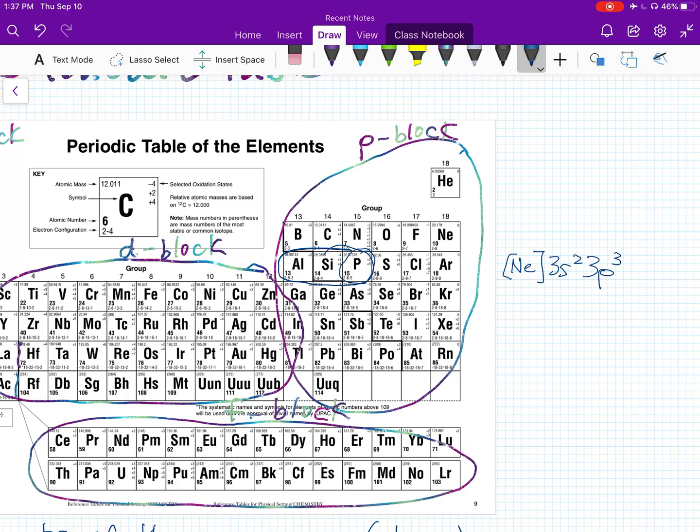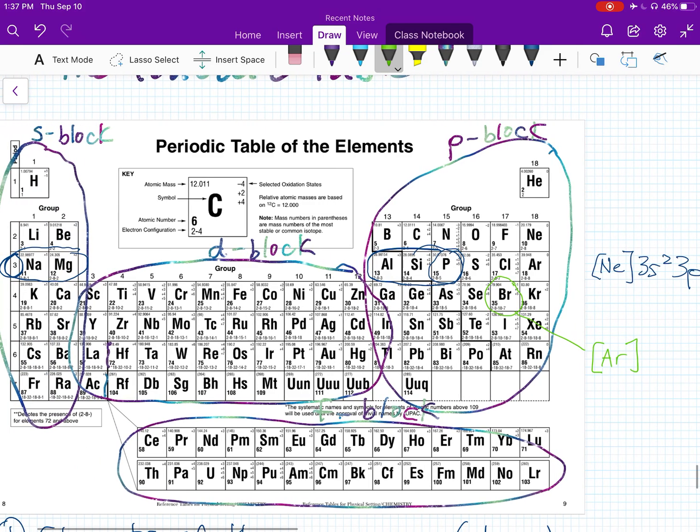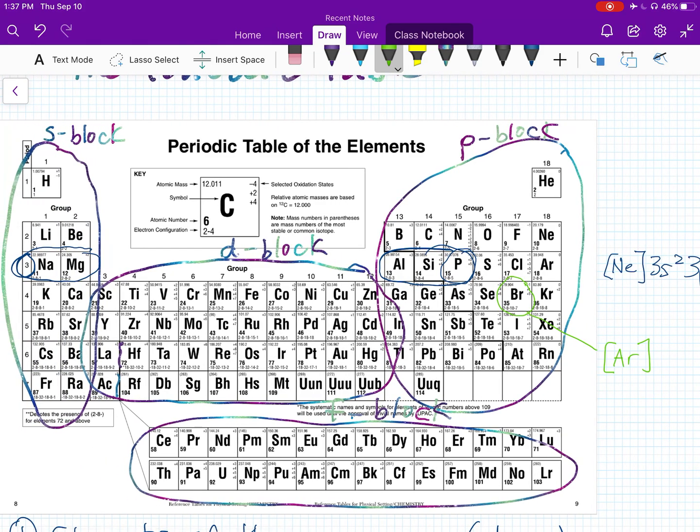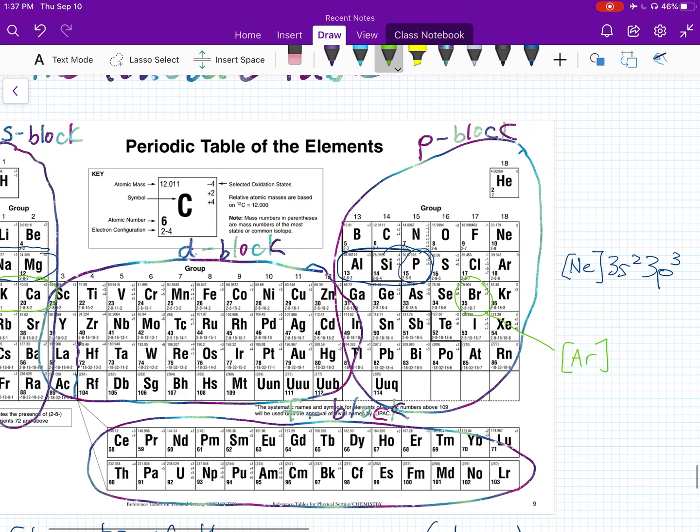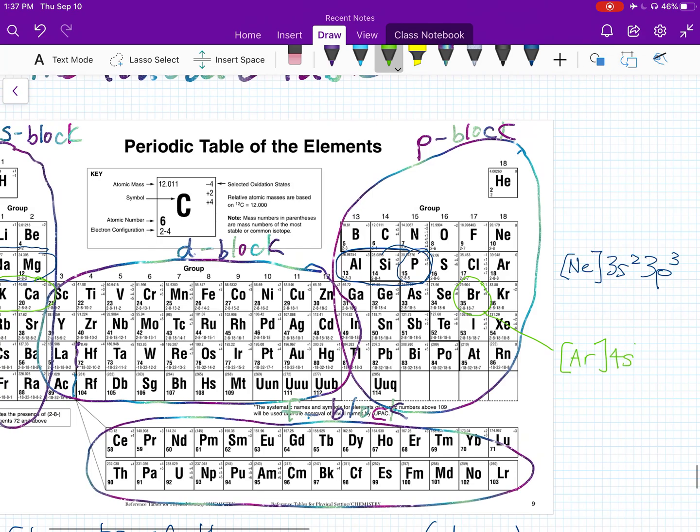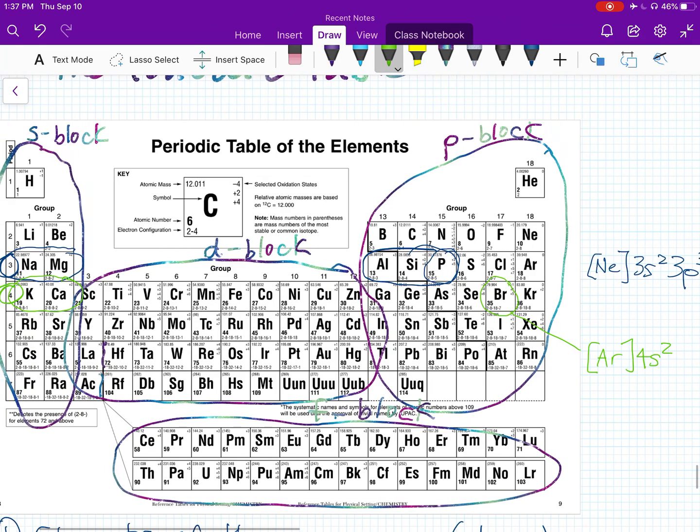Let me do one more. Let's take, for example, bromine. Bromine is here. Its nearest noble gas, the noble gas above it, is argon. So if we're talking about its valence configuration, we're in the 4s block here. So we have 4s2 that's going to be filled, followed by, this is the 3d block.